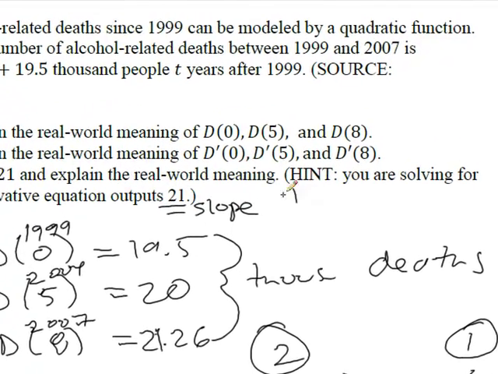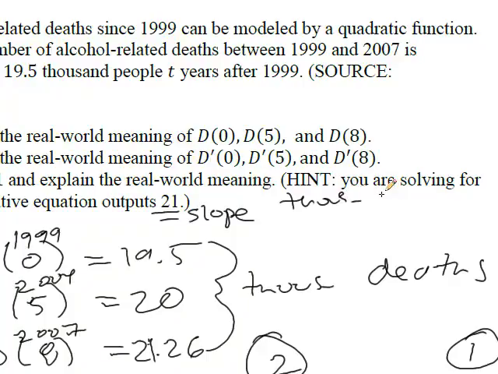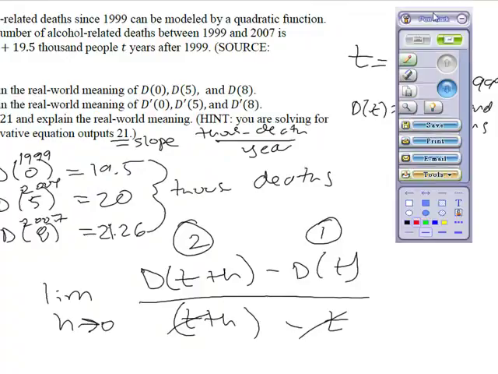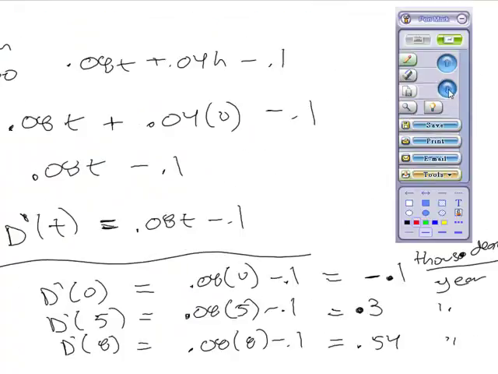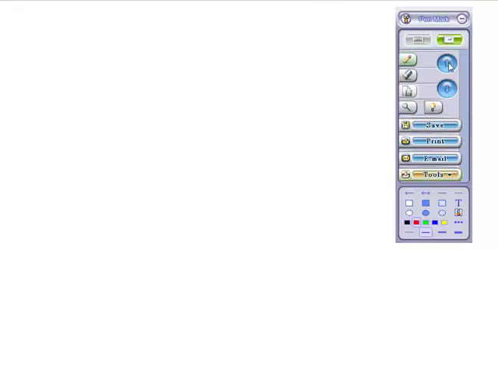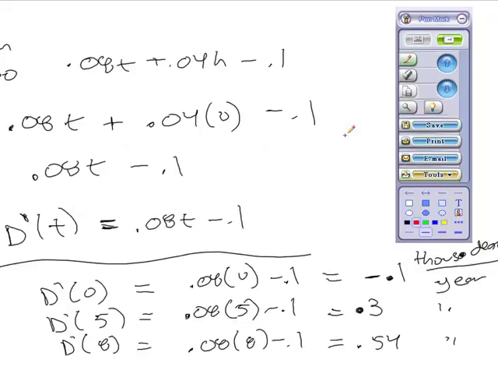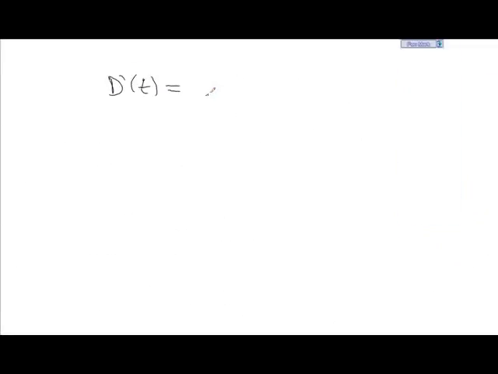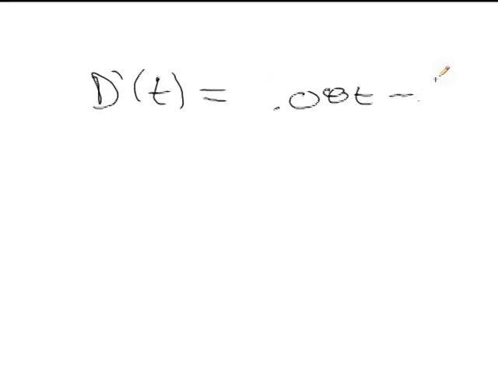Now this is thousands of deaths per year. So I'm asking, in what year are there 21,000 deaths per year? Is that rate of change effective? And I will answer that pretty simply because we have our slope function here. So d prime of t equals 0.08t minus 0.1.